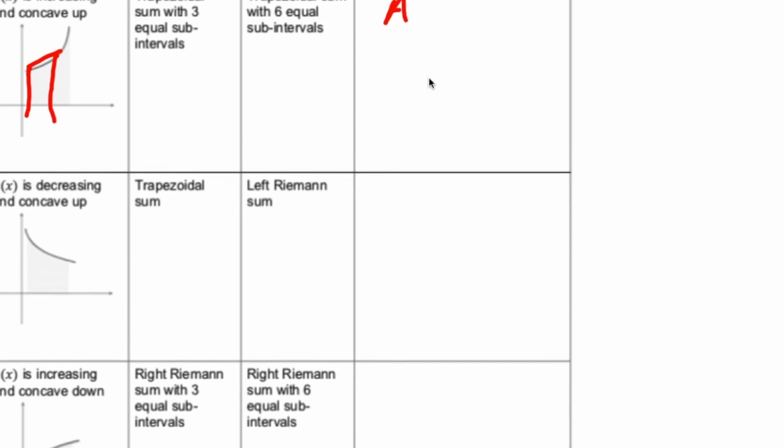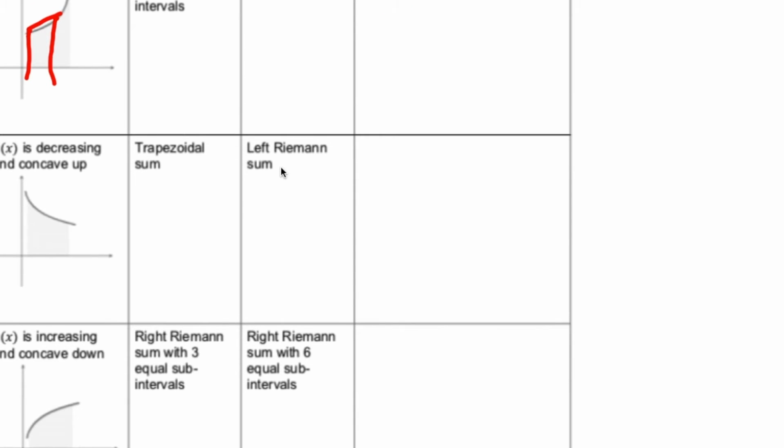The next one here is a trapezoid sum or a left Riemann sum. Let's look at what a left Riemann sum would look like here. Here's a left Riemann sum. If I do all of these from the left-hand side, you can see that's an overestimate, right? You can write those little notes in there, like this is an over. But then look at a trapezoid.